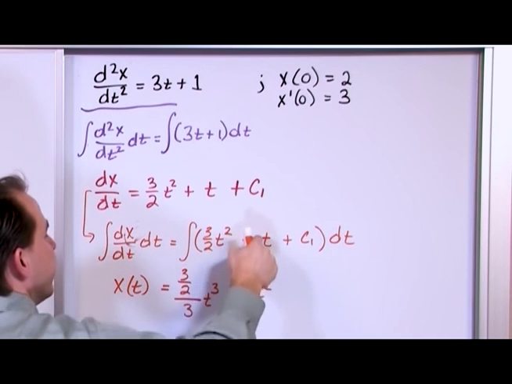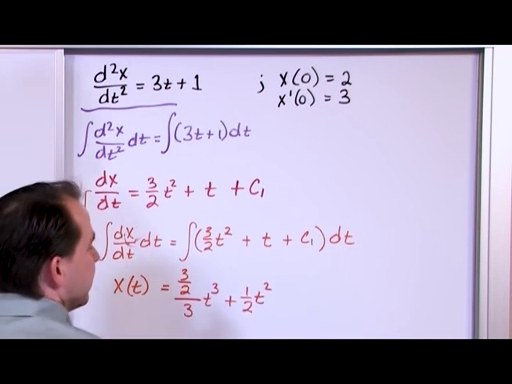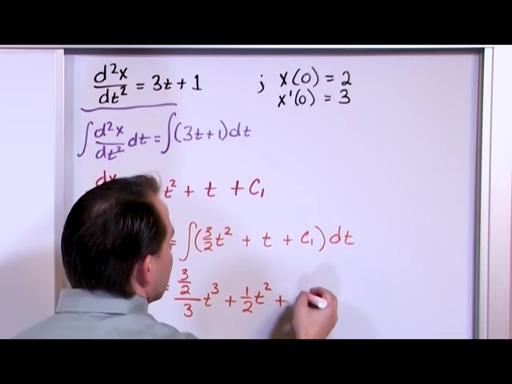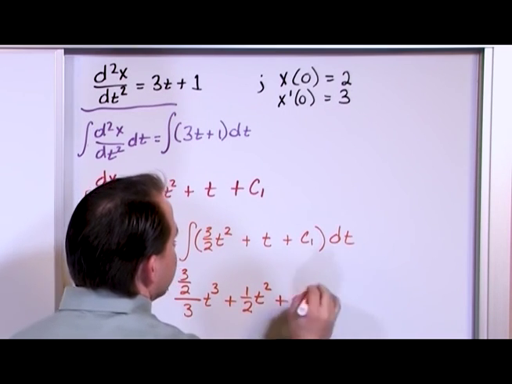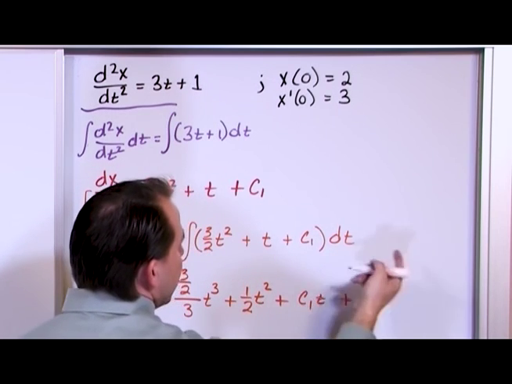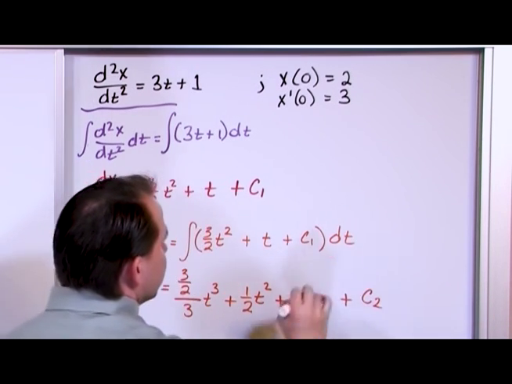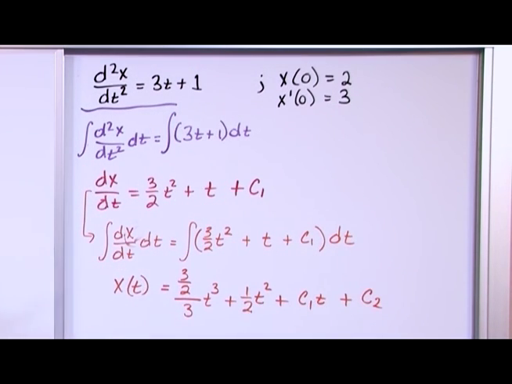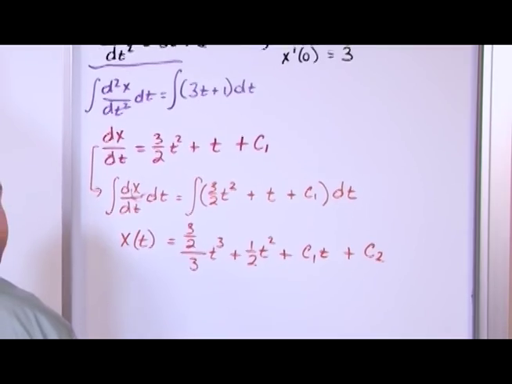So you have a 1 out front, so 1/2 t squared, 1 plus the exponent, plus, for this constant, it's just going to be c1 times t, because that's just a constant there, plus a constant of integration, so we'll call it c sub 2 this time, because it's a totally different constant of integration than the other guy.